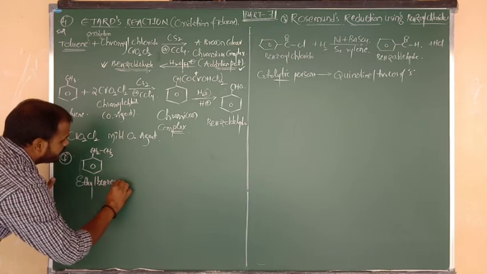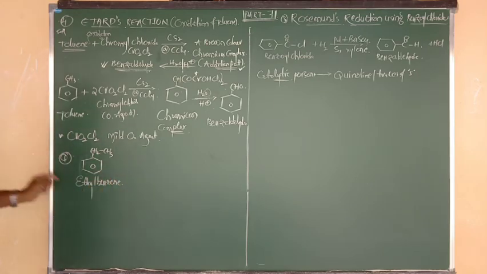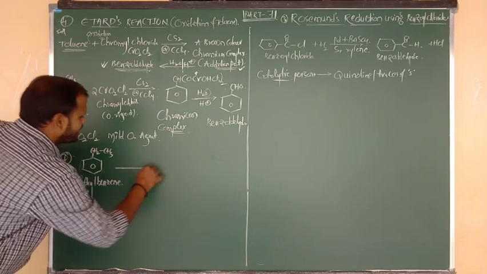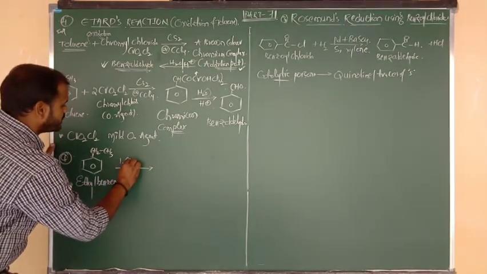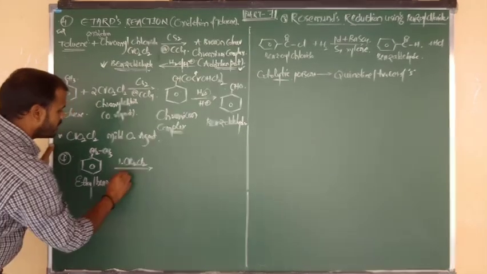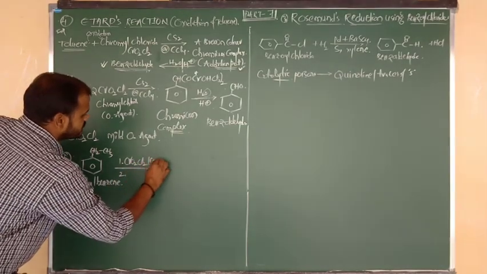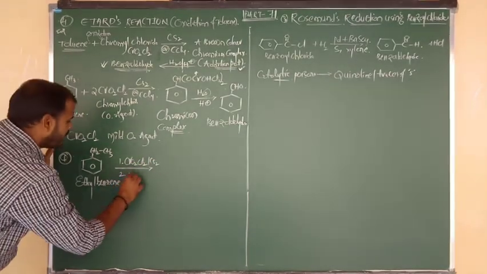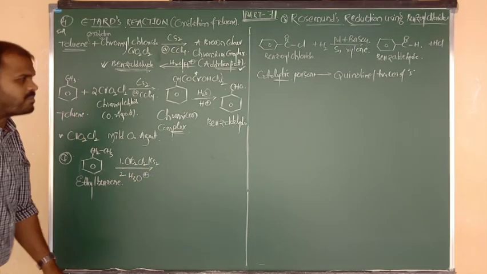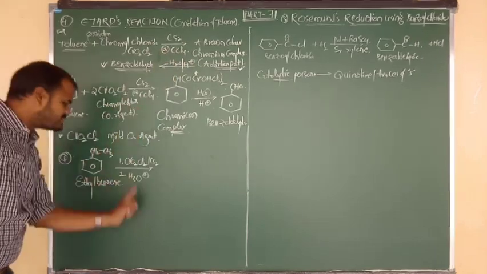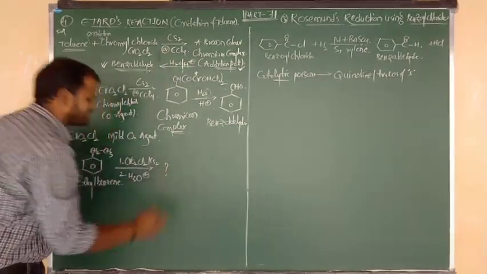Suppose they have given the question: ethyl benzene first undergoes reaction with CrO2Cl2 in presence of CS2, followed by hydrolysis in acidic medium, simply H3O+ (H2O and H+). What will be the product?